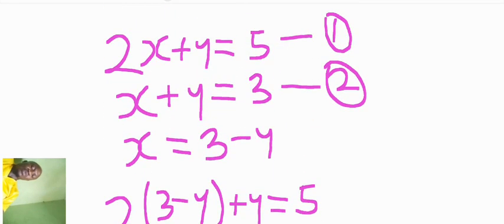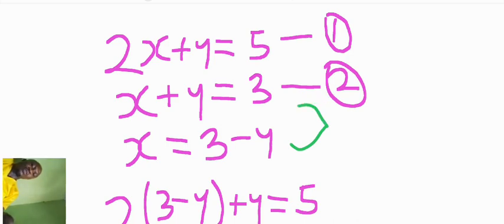Step 5 says that substitute the solution from step 4 into another equation to solve for the other variable. So let's go to the equation that was given to us. We have 2x plus y is equal to 5 and x plus y is equal to 3. Those are the equations that were given to us originally. You are going to substitute the value for y into one of these equations.